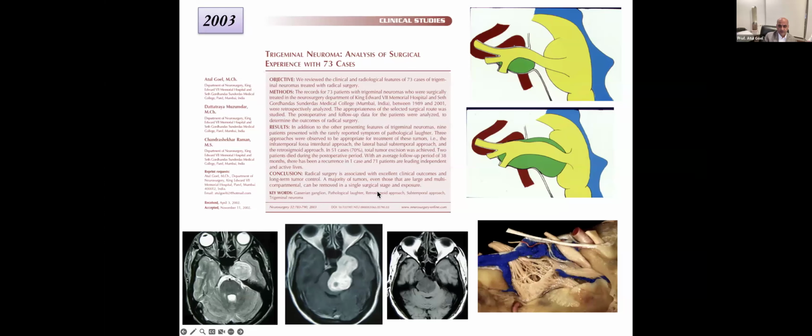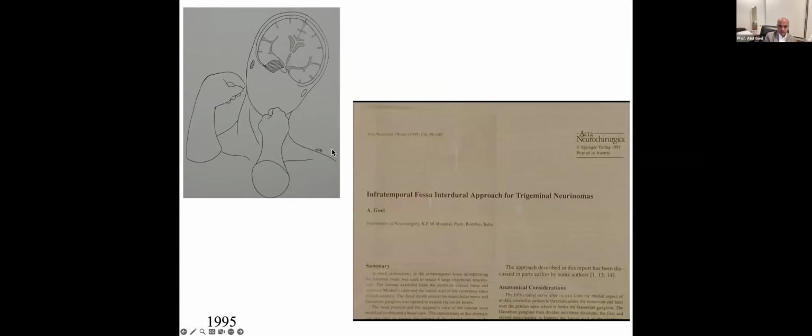We also described to minimize infratemporal interdural approach. You can see 30 years ago I described this approach, and people are following this approach in a different pattern using orbital approach and all the maxillary approach to do this interdural. So this was the first article in the literature where we talked of interdural, between the dural layers of cavernous sinus.